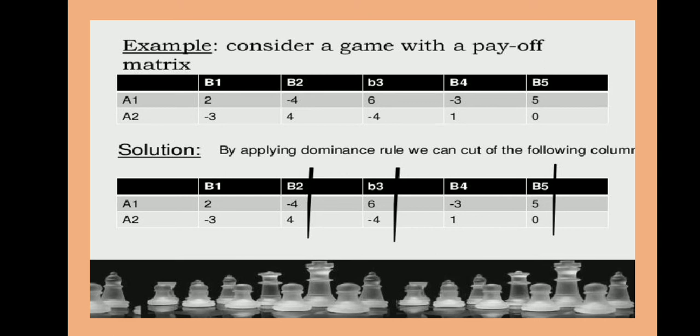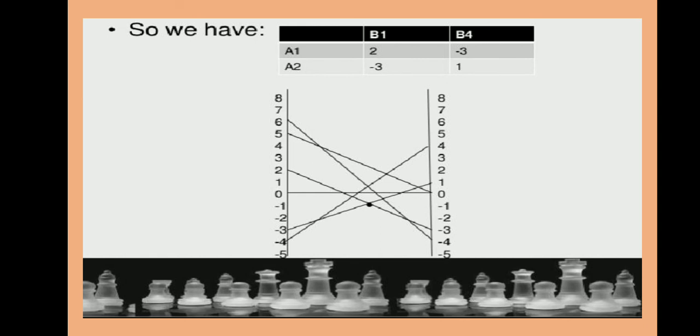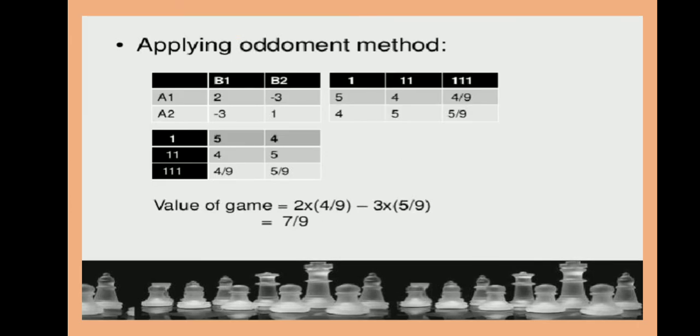When we apply the dominance rule, we can cut off the following column. Then we have only 2 rows and 2 columns. When we apply the ordinary method, we will get the answer, that is 7 divided by 9.